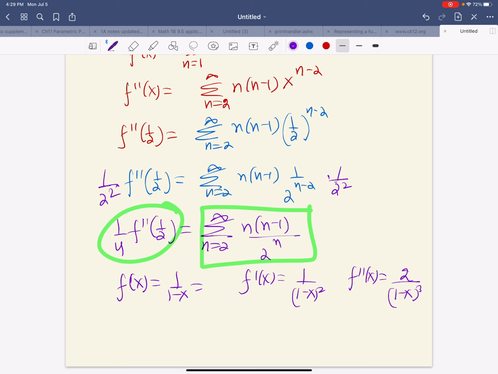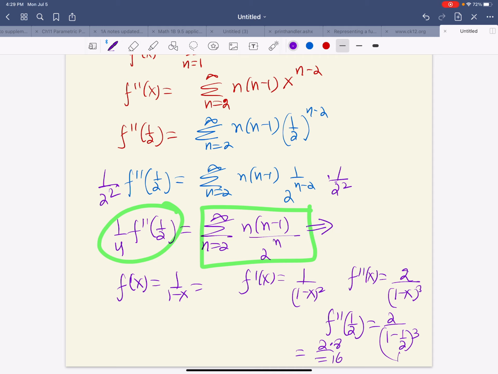Now we can evaluate the second derivative at any value, 1/2. That is 2 over (1 minus 1/2) to the third power, which is 2 over (1/2) cubed. One half to the third power is 1/8, so it's 2 times 8, which is 16. Now I'm going to plug it in here.